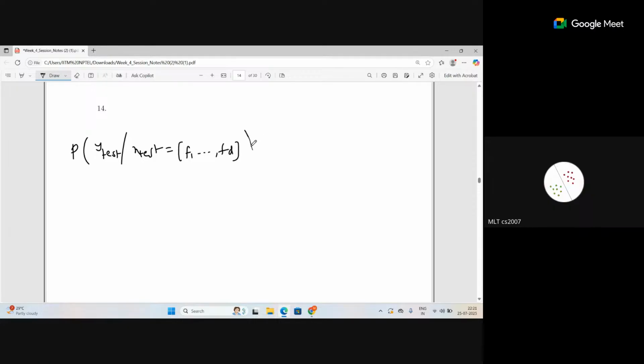We compared it with, let's say, the product over j equals 1 to D of Pj hat, for y test equal to 1, to the power Fj, into 1 minus Pj to the power 1 minus Fj, into P hat. P hat, right?